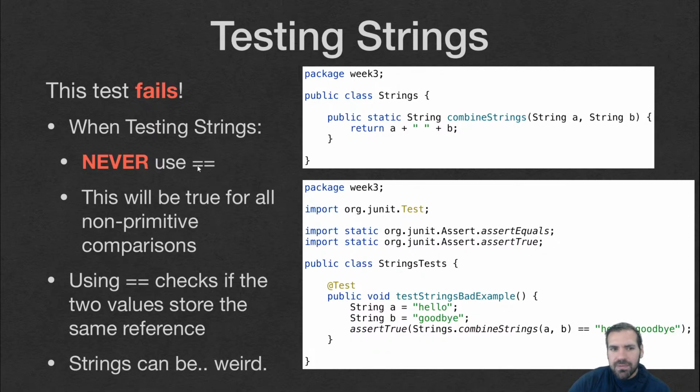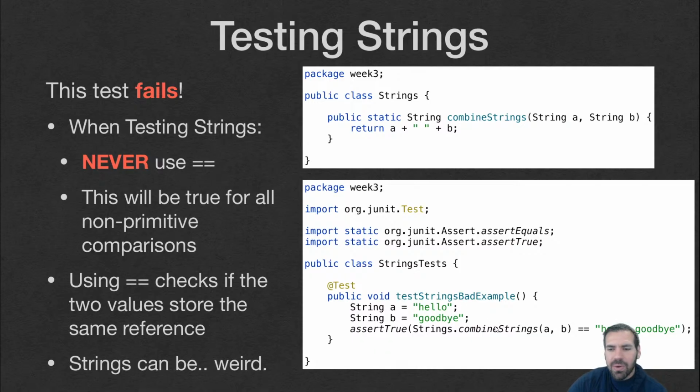But really, your integer values in Java, that's all you should be using equal equal for. You could use it for booleans, but it's rare that you have a case where you're checking if two booleans are equal to each other. Usually you're checking if it's true or false. Anyway, but two ints, that's really the only time to use this. Anything else, you're using something else to compare those two values. Often the dot equals method that we're going to see in a second.